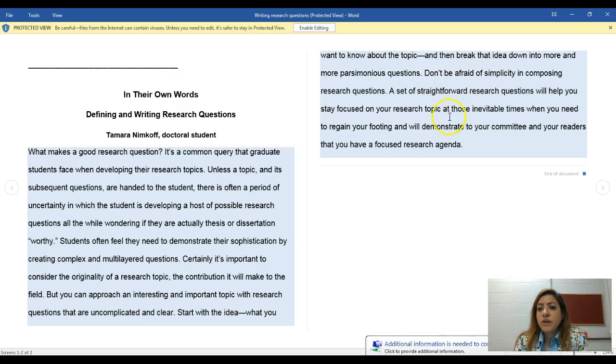Don't be afraid of simplicity in composing research questions. A set of straightforward research questions will help you stay focused. All right, so that's one way to think of your problem and how you can venture into writing your research questions.